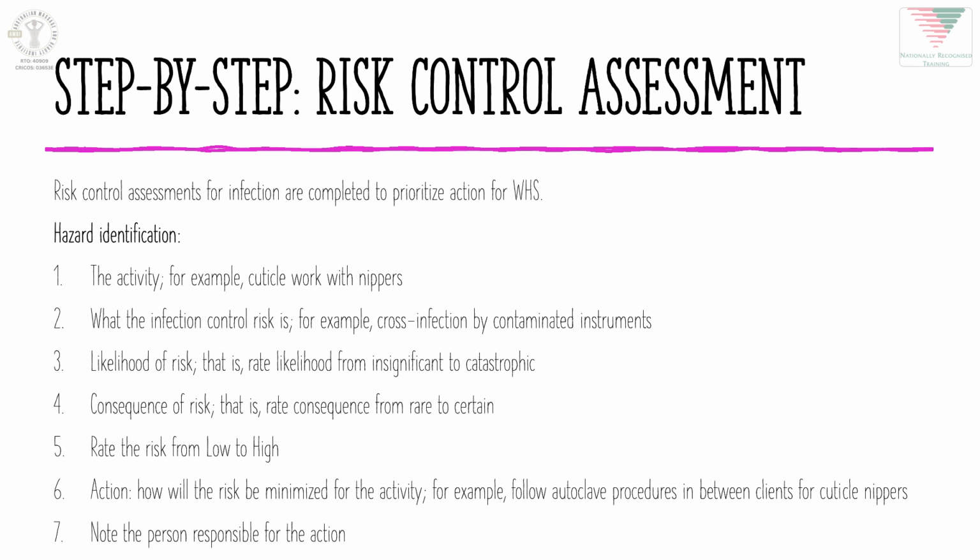Likelihood of risk, that is, rate likelihood from insignificant to catastrophic. 4. Consequence of risk, that is, rate consequence from rare to certain. 5. Rate the risk from low to high. This helps management to prioritize actions.